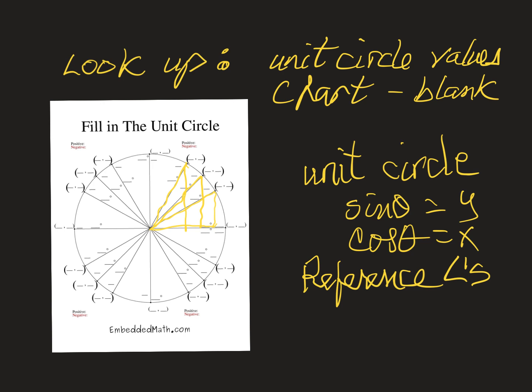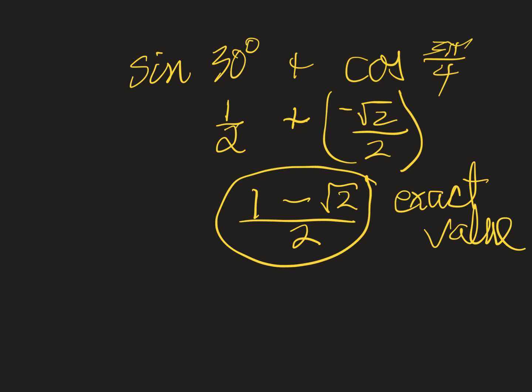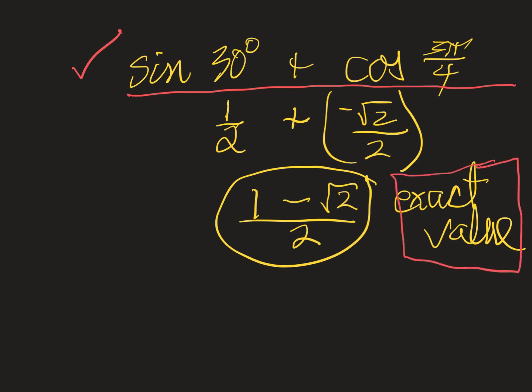For example, a couple of kinds of problems that you might get would look like this. Sorry, this problem's already done. I will explain it again. A problem type that you might encounter will be something like this, and they're going to ask, what is the exact value of the answer?